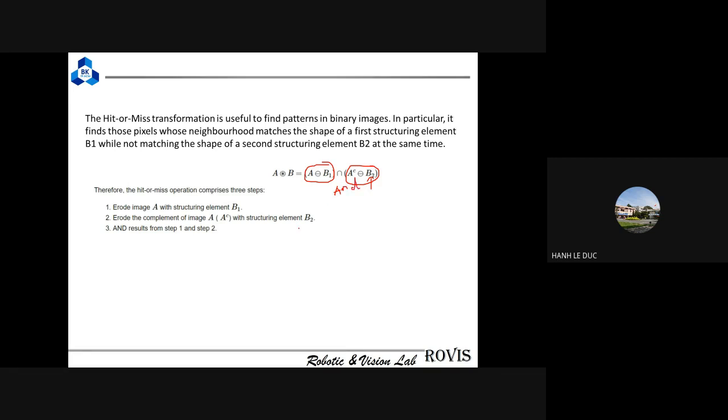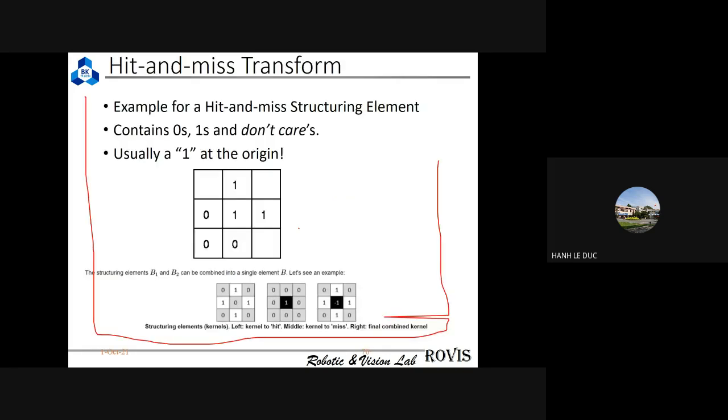Let's go into more detail. This is an example of the kernel: you can input 1, 0, and beside it you can input -1. Here is B1, this one is B2, and this one is B. B1 and B2 I already explained, but what is the kernel B here?